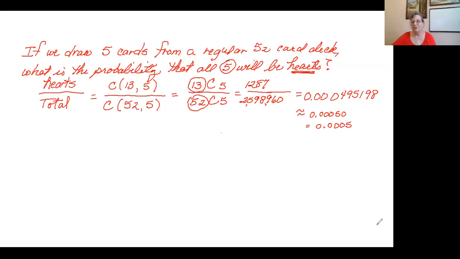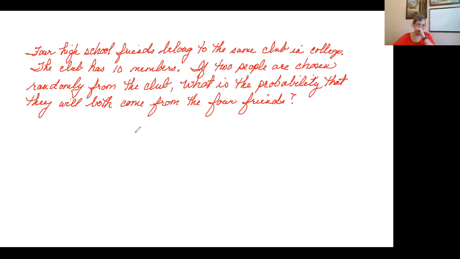So let's look at another problem. Might as well get a little more complicated as we go. 4 high school friends belong to the same club in college. And the club actually has 10 members, so the 4 plus 6 more. If 2 people are chosen randomly from the club, what is the probability that both of them will come from the group of 4?